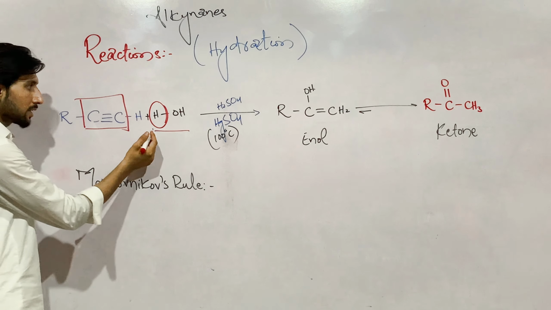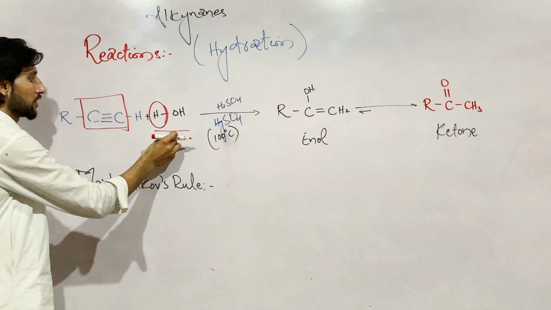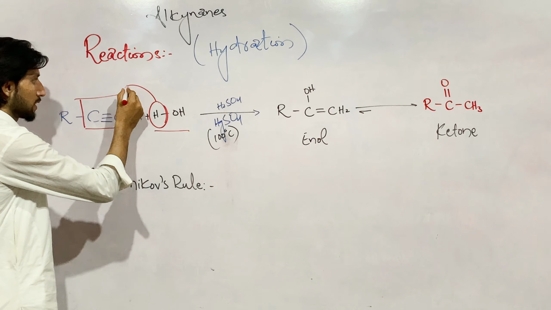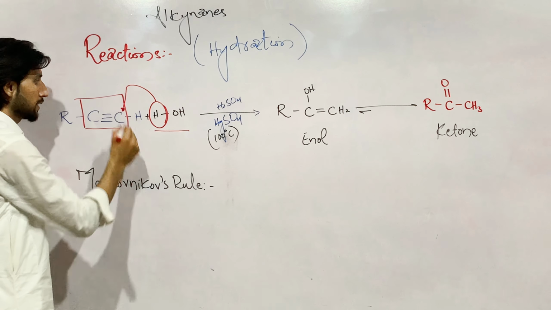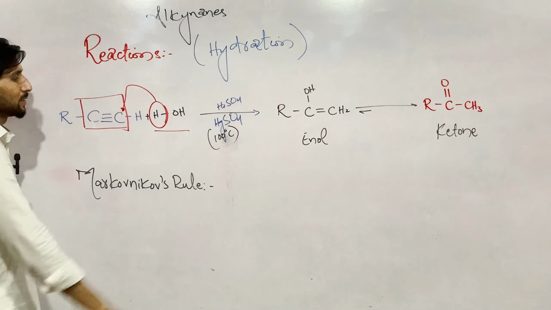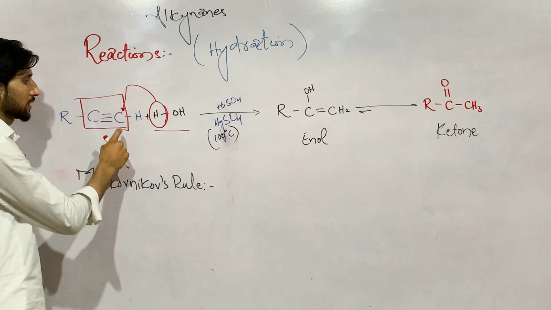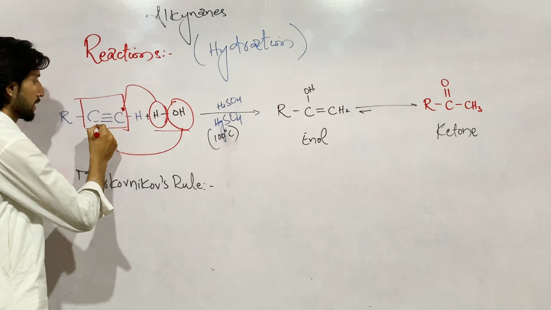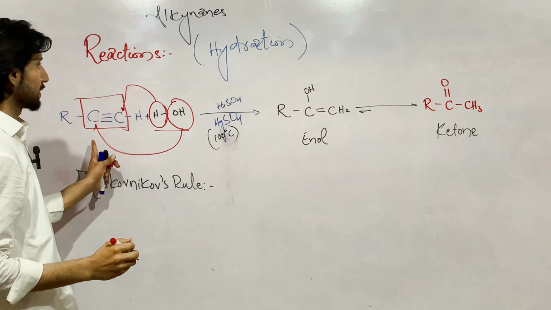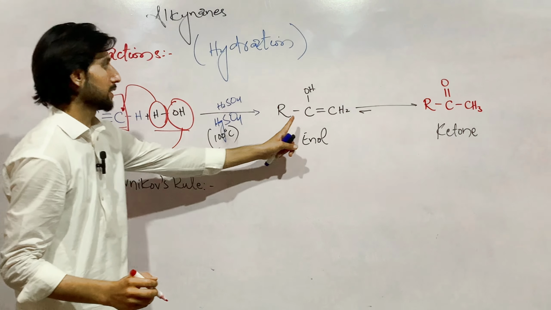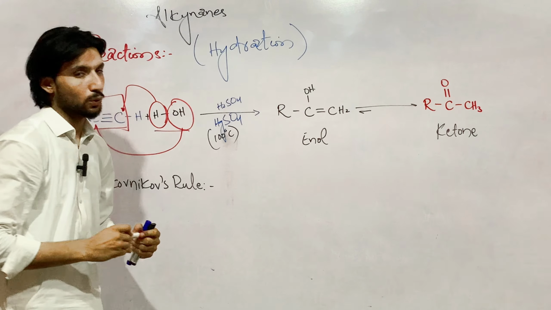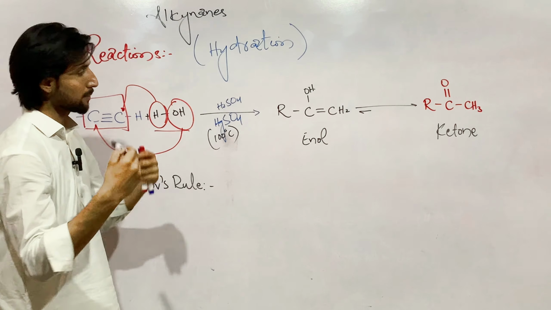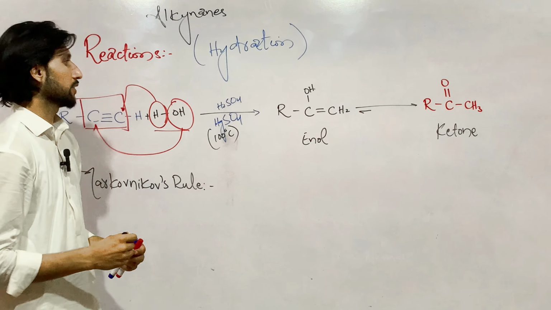So the positive side of our reagent will add up to the side of the double bond that contains the greater number of hydrogen atoms. So we will see the hydrogen adding up to this side. To the other side, we will see the addition of OH. So we see our product like this. This is according to Markovnikov's rule. Why does this happen? We have discussed this in detail in alkenes.